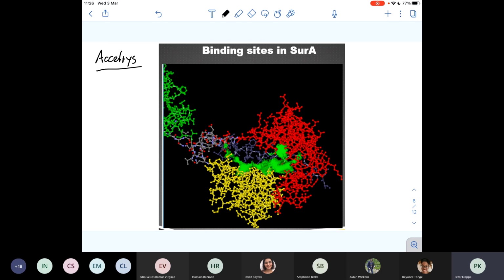And what you can see here with these neon green things, the program actually predicted where a substrate binding site is potentially located. But this is only a prediction. So we had to do some experiments, we had to verify it. One way of verifying it is you simply chop off parts of this SIRA molecule and see whether it still binds.